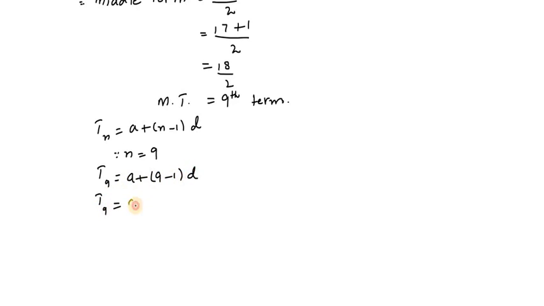So T9 is equal to a plus 8d. And we know that the middle term T9 is given as 5. So we put here the value of the middle term, that is 5. So 5 is equal to a plus 8d. This we say is our equation number 1.